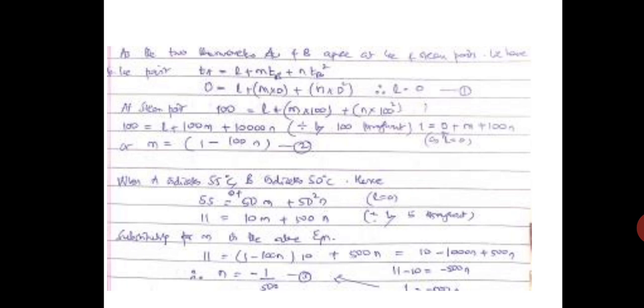So 11 − 10 = −500n, or 1 = −500n, or n = −1/500. So this is the value of n. So we have found that L = 0, m = 1 − 100n, and n = −1/500.